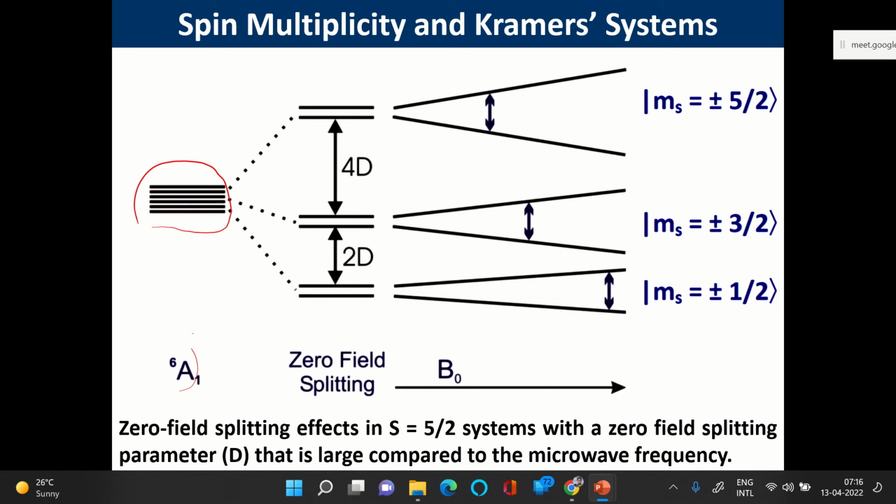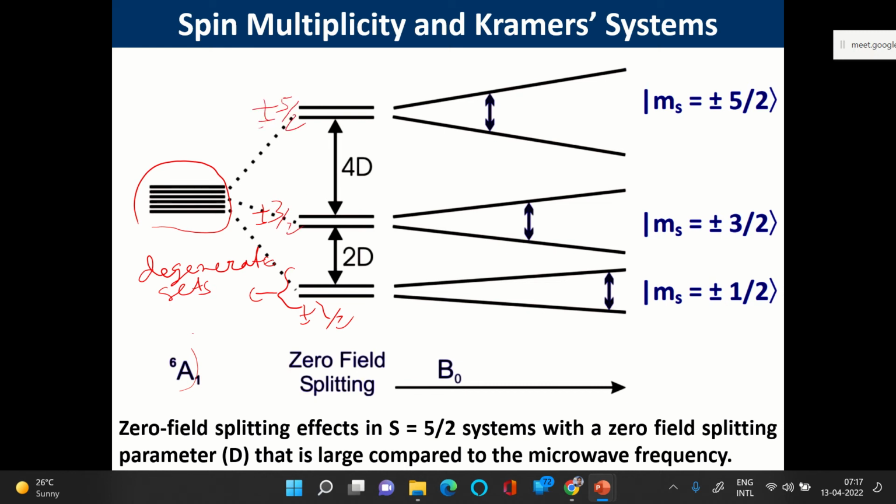These are degenerate sets: plus minus half, plus minus 3 by 2, plus minus 5 by 2.